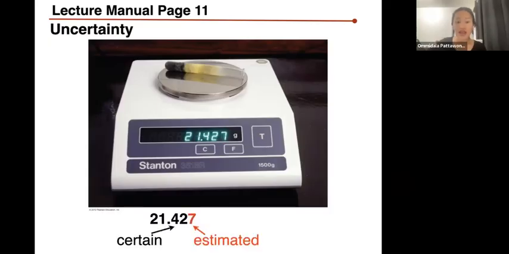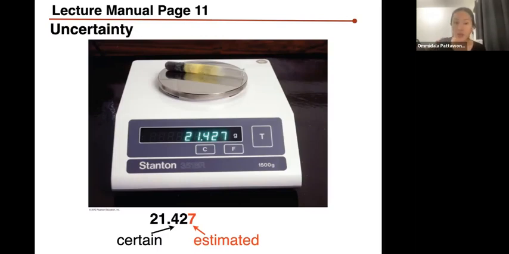It turns out that the last digit is the digit that we are uncertain about, so we estimate it. That means the first 4 digits are the certain values, and the last one is what we estimate. So anything that we measure, you need to know that the last digit is always going to be the uncertain digit, the digit that we estimate.